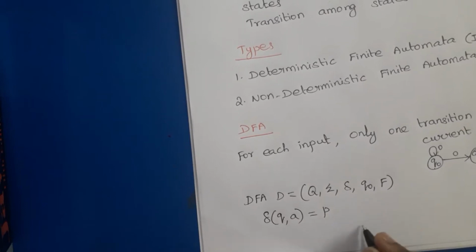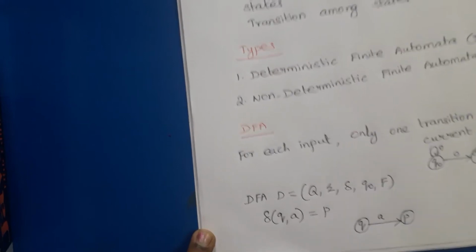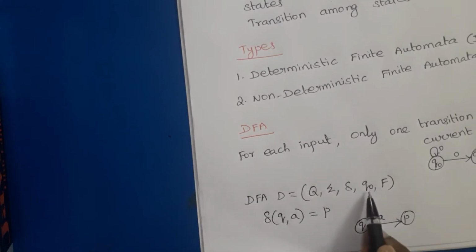That is, if there is a transition from state Q to state P on the symbol A, it can be represented as the delta function of the current state and current input symbol equal to the next state. Q0 represents the start state of the DFA and F means the set of final or accepting states. So Q0 and F belong to Q.